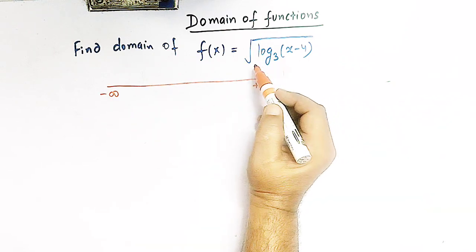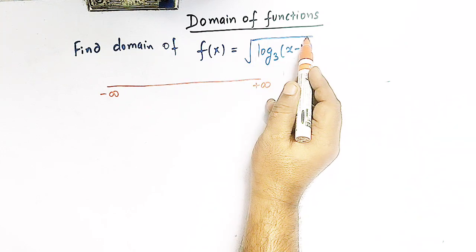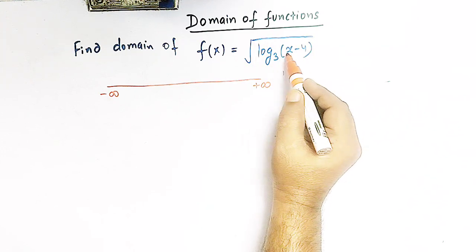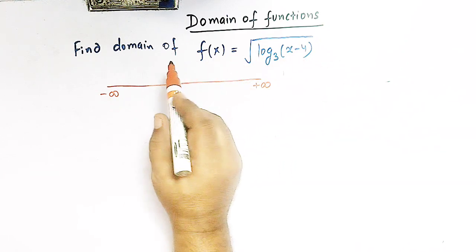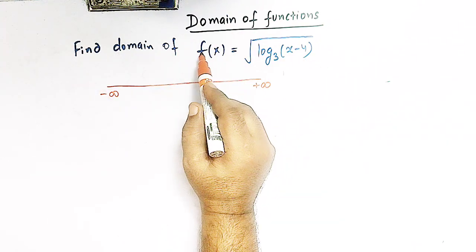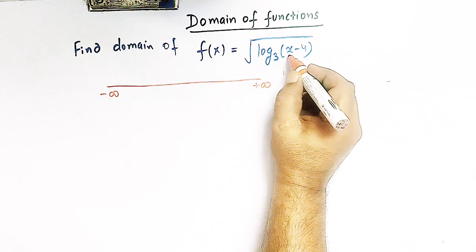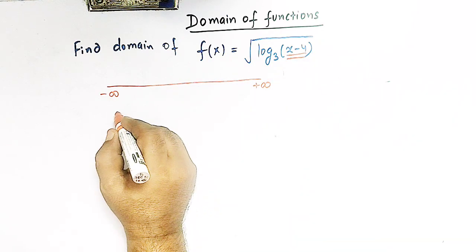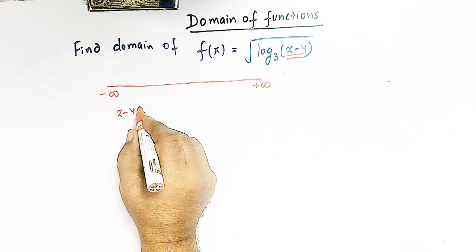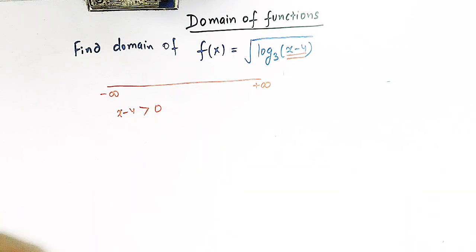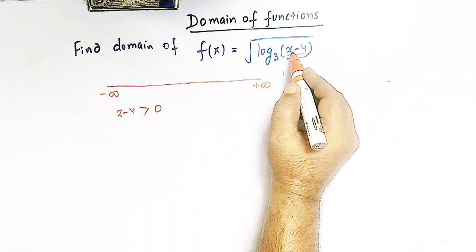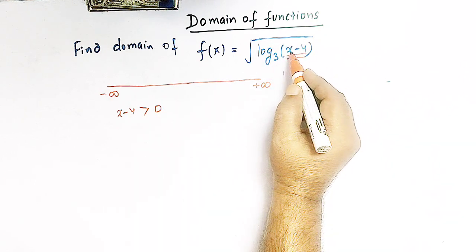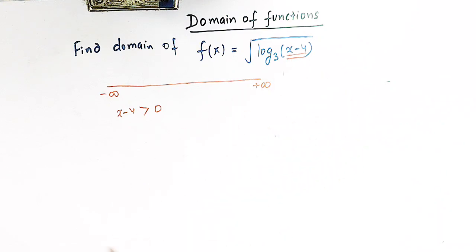Here we see that we have the square root sign, and here we have this term x minus 4. Now see, the first condition to define the domain of this function f of x is that this expression, x minus 4, should be greater than 0, because x minus 4 should not be a negative quantity, because the logarithms of negative quantities are not defined in the set of real numbers.